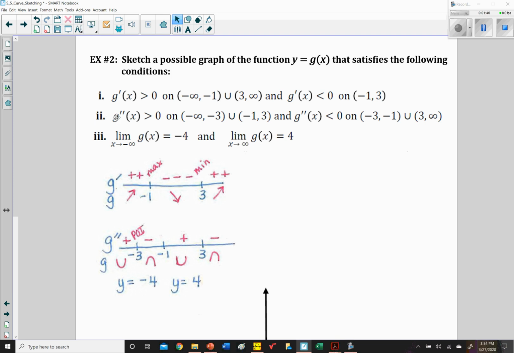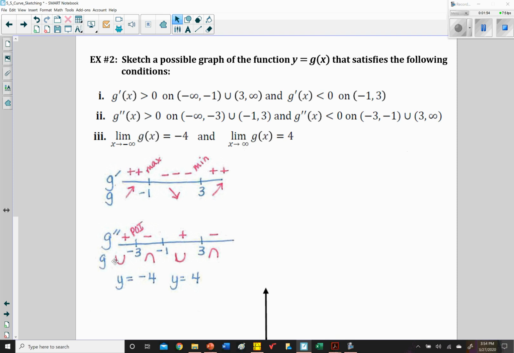In the second line, the second derivative is positive from negative infinity to negative 3, so that's reflected here. That tells us the function graph is concave up in this section, and also concave up in negative 1 to 3, but concave down between negative 3 and negative 1, and 3 and infinity.